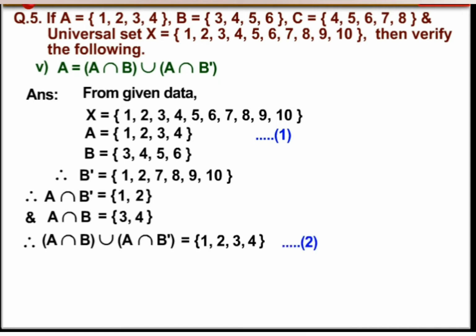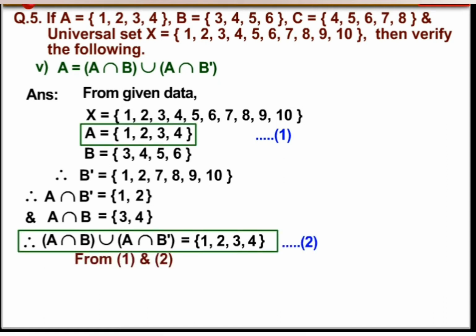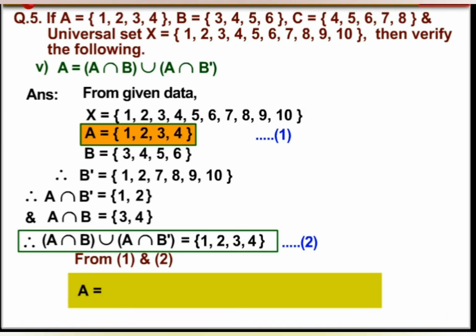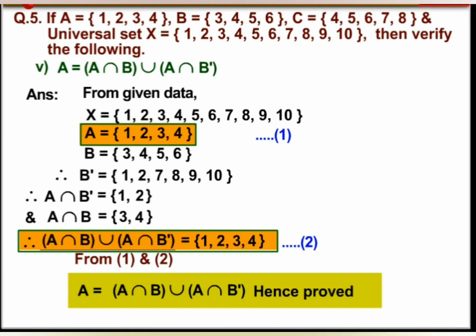Let this be equation number 2. From equations 1 and 2, A is equal to A intersection B union A intersection B dash. Hence proved.